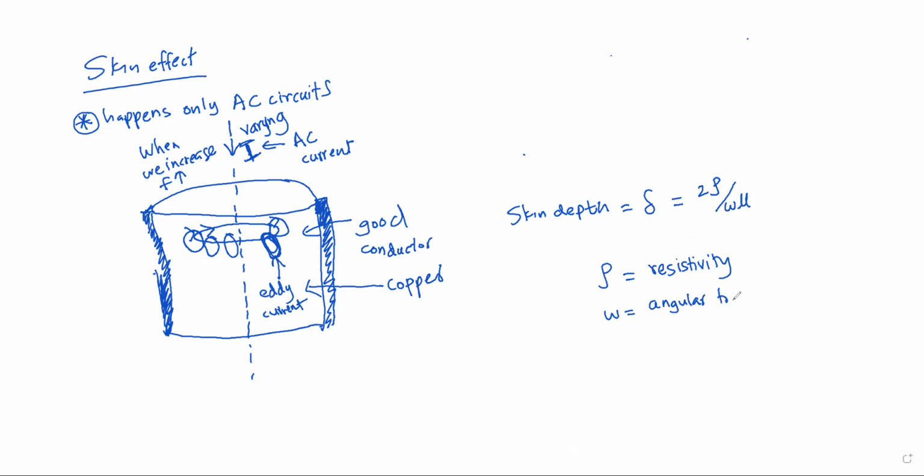If we know the frequency of the AC current, we can plug that frequency into this equation and find the value of omega. And mu is the permeability parameter, the value of permeability. Using these, we can find the skin depth.